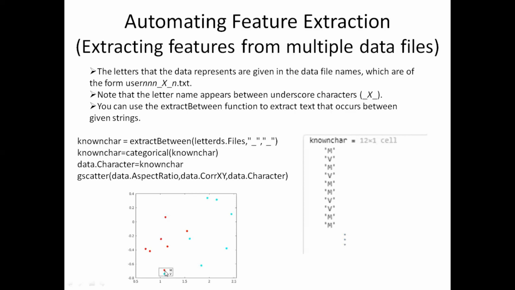As you can see here, red is assigned to the data points corresponding to the character M, and blue is assigned to the data points corresponding to the character V. This is just to visualize the data. We will use this data that we have extracted and formulated as a table to further classify the handwritten alphabet.